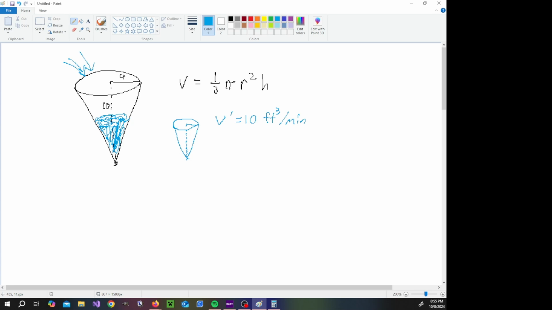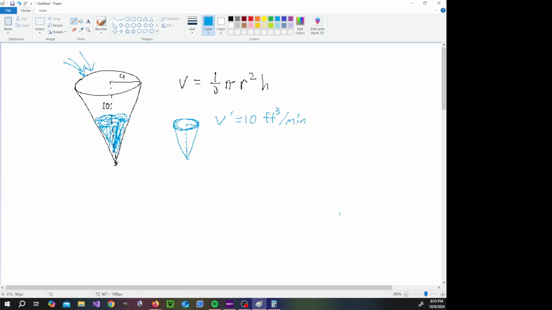Okay, now it wants to know how fast is the water level rising when the water is 5 feet deep. So we want something about the change in height of this portion of water, right?